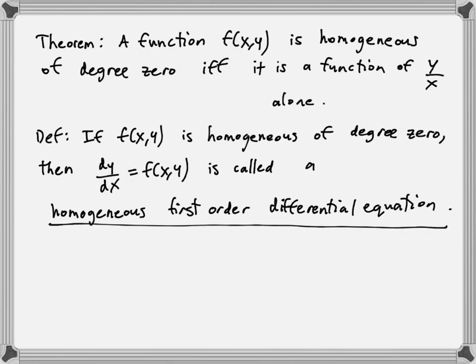We're now saying that dy dx is equal to that homogeneous function, or homogeneous of degree 0 function. And so what we're saying is that if we have a differential equation that looks like this, the derivative is just that homogeneous function, then we call it a homogeneous first order differential equation.